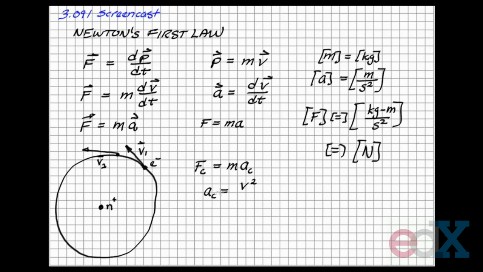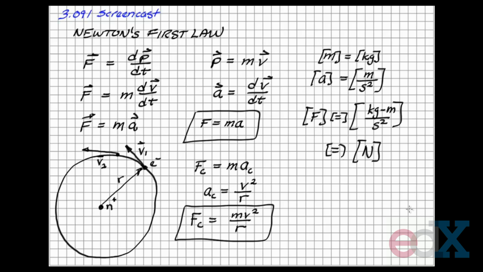So v here, without the vector sign, just means the magnitude of the velocity divided by the radius of the orbit. So that means the centripetal force to keep it in this stable orbit is the mass times its acceleration. So there you have it. The key equations here, of course, are this and this.